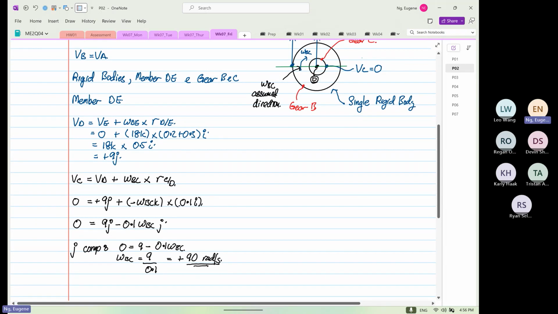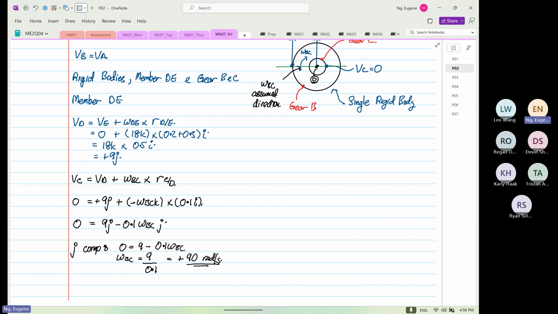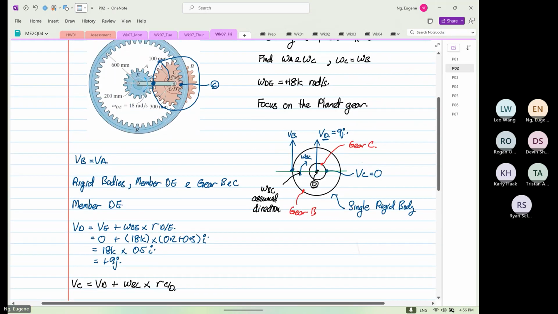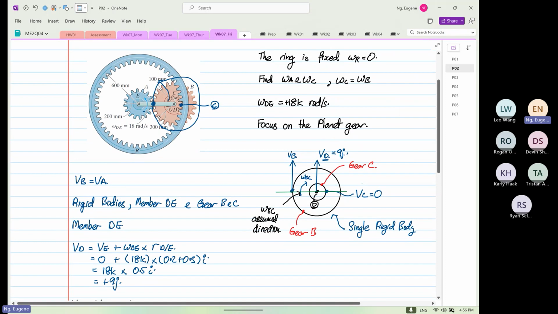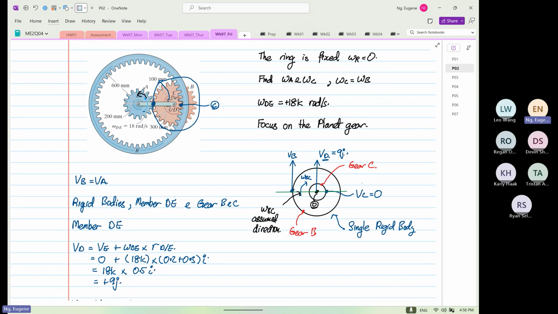The next part, they want us to determine what is our omega. So we can clearly state that this direction is our omega A. This direction is our omega BC. Okay. So VB direction is correct. So now we can find our VB.